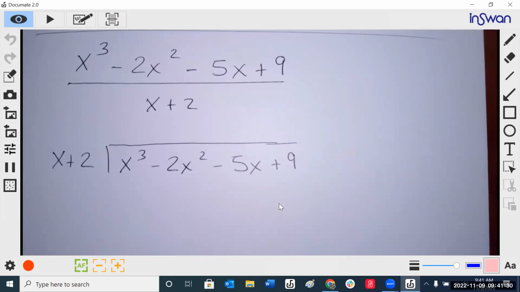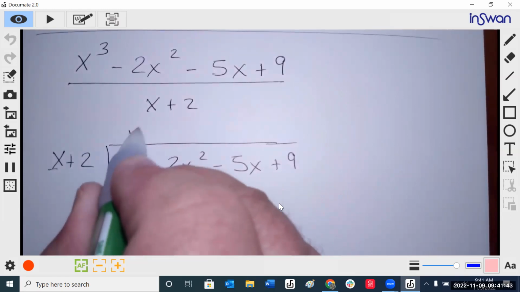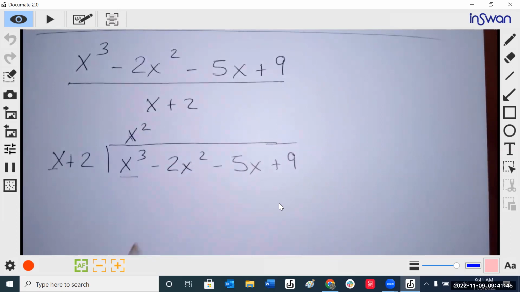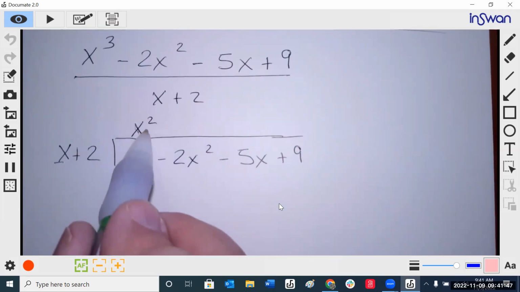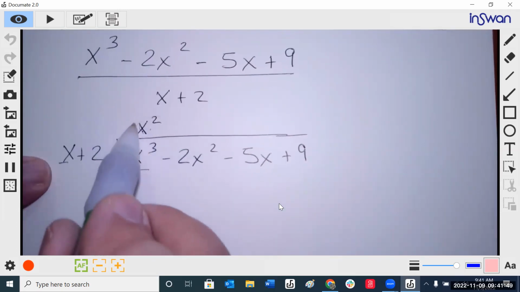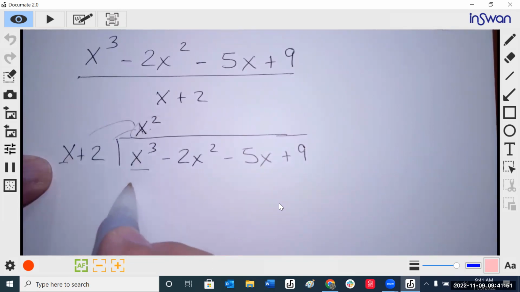Let's look at this process. Always look at the leading terms, don't you? So what times x gives me x cubed? X squared. So now I take this term, multiply it to both of those. X squared times x is x cubed.